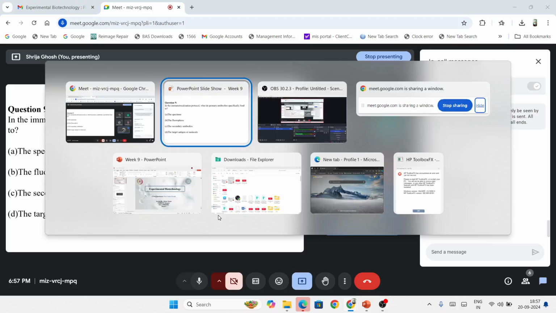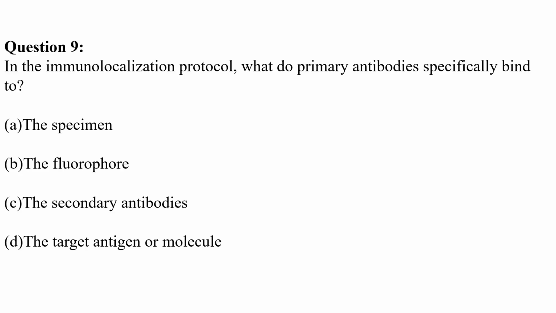In the immunostaining protocol, we discussed Western blotting and techniques like that, right? The same principle is used here also. Let's say we have a cell, and inside the cell we have mitochondria, a nucleus, and other things.